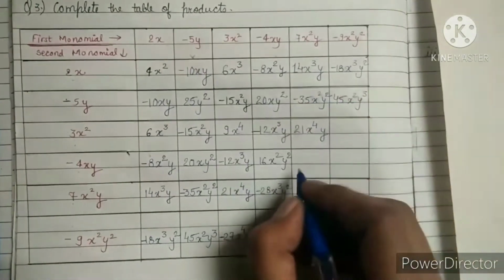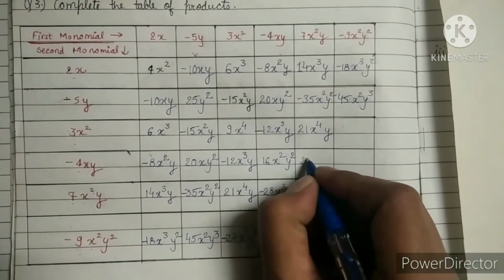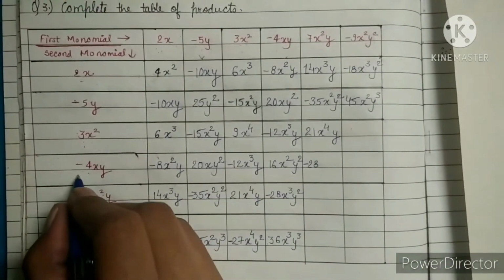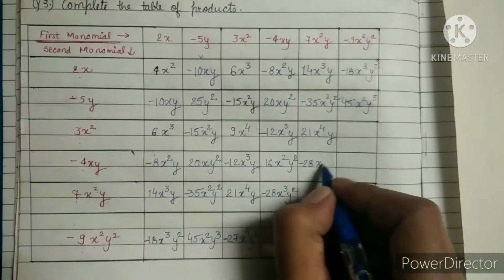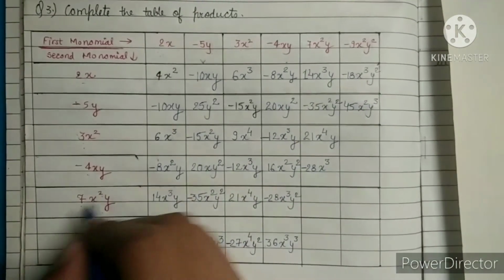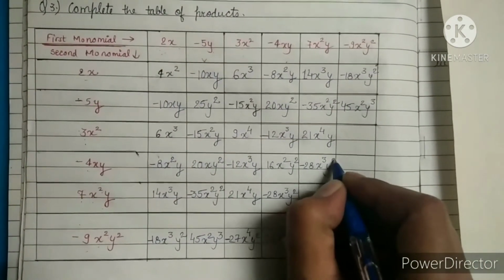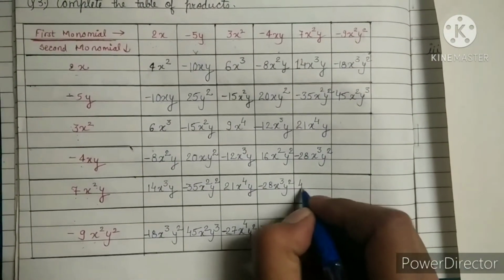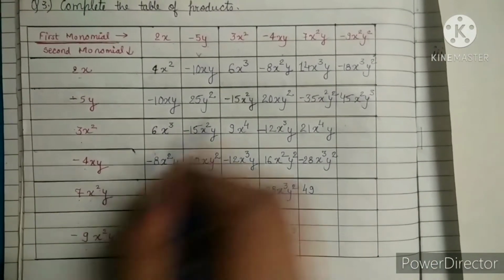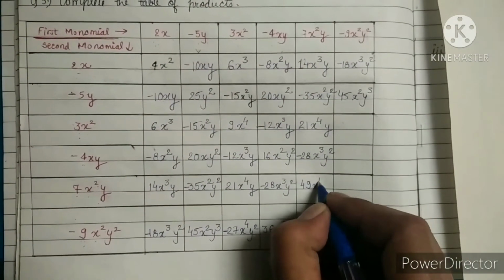4 7s are 28, but negative because here minus 4. X is to power 1, x is to power 2. So here x is to power 3 and y into y is y square. 7 7s are 49. X square, x square. So x is to power 4.